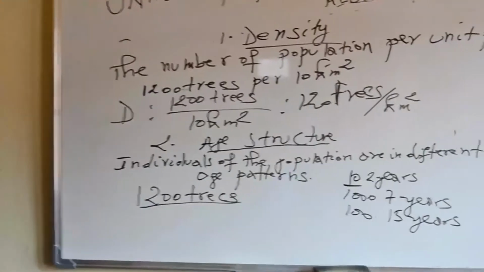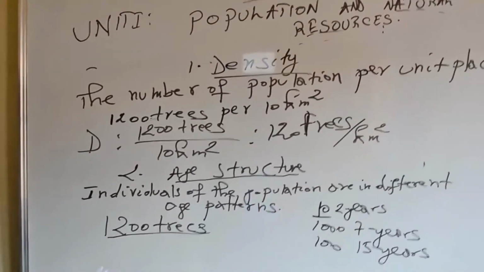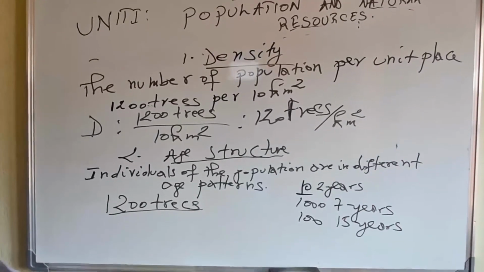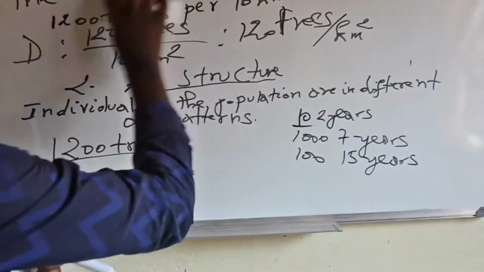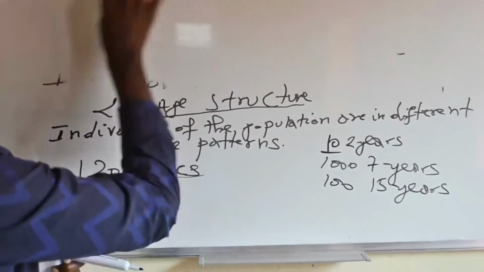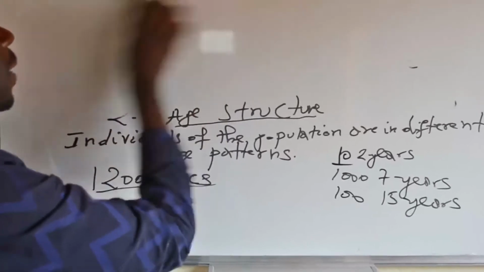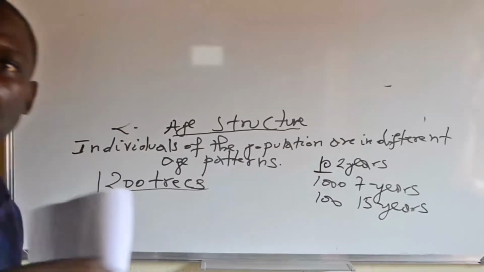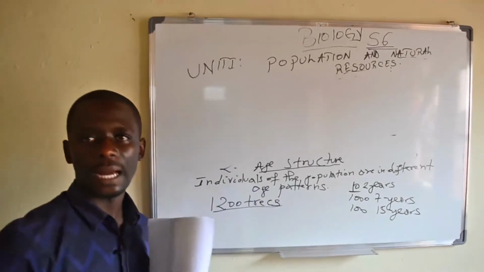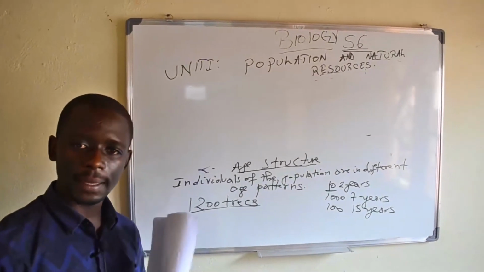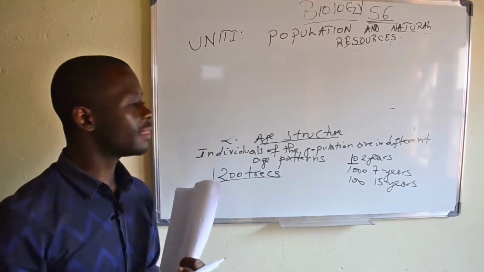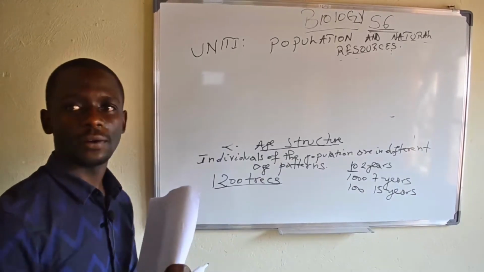And another is the population explosion. What's the population explosion? The population explosion is the rapid increase in the number of the individuals of the population. For example, after the Second World War, the population of the world, I mean in terms of people, human beings, multiplied by more than 5 times. That's a population explosion, okay?